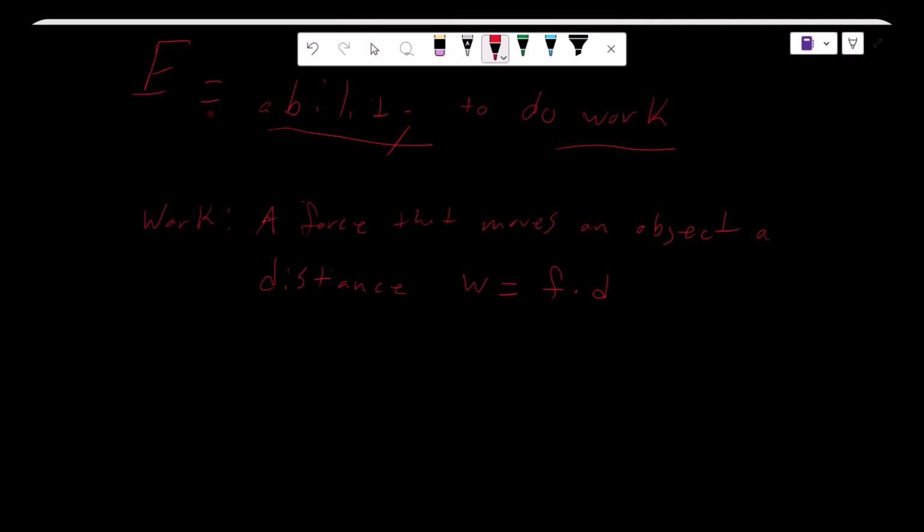So another way to write that, force times distance, is what is called a joule. 1 joule equals 1 Newton meter. And if we plug in a Newton for force and a meter for the distance, then we have the definition of work.